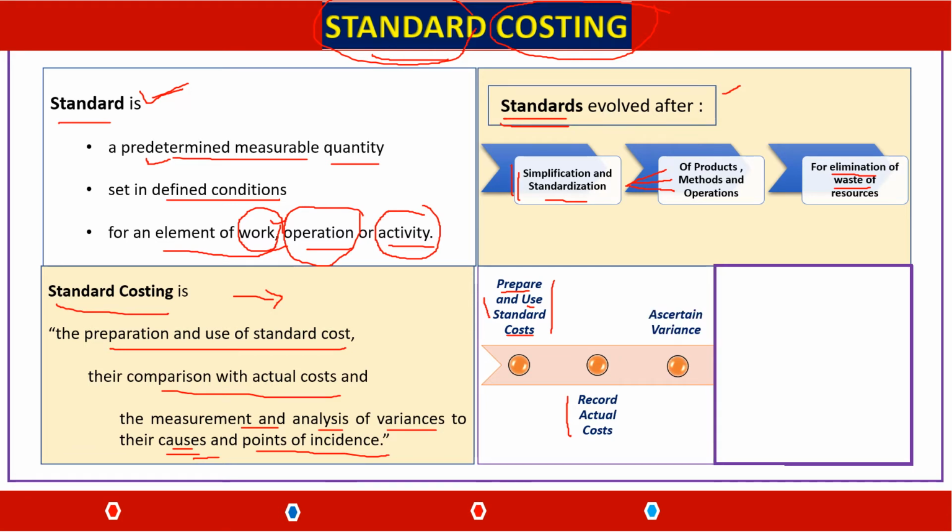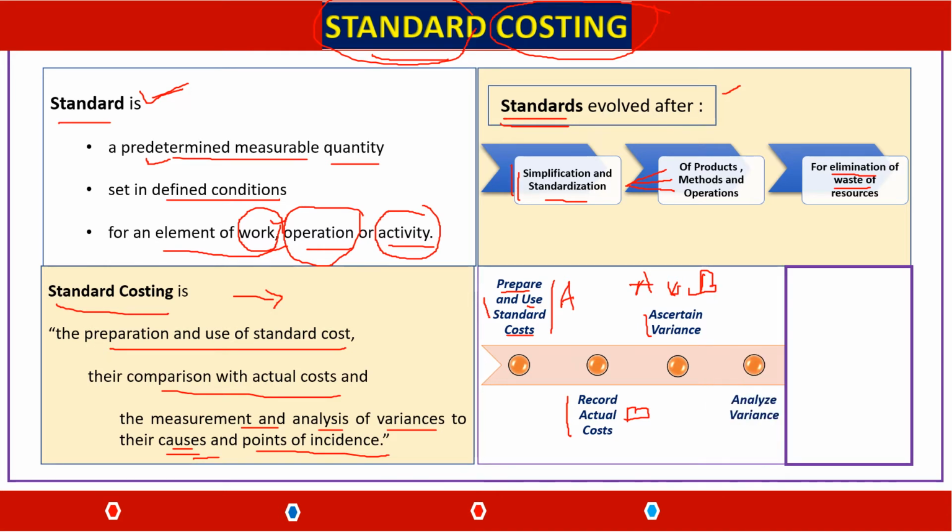And once we have two sets, A, the standard, B, the actuals, we compare the two, A versus B, and find out the variance, the difference between the two. How far is B from A?